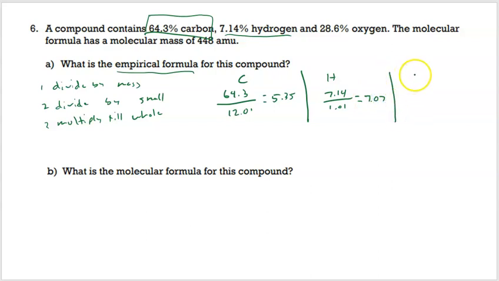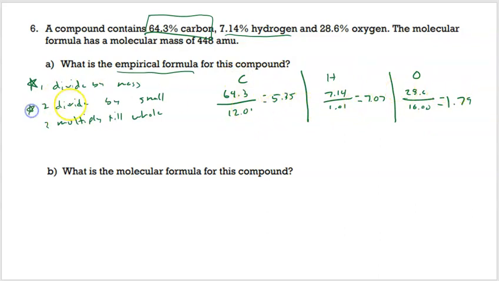And for oxygen, we have 28.6% over 16.00, and that gives me 1.79. So I divided by mass. That's step 1. 12.01, 1.01, 16.0 are the masses of those individual elements, and that gives me these numbers.